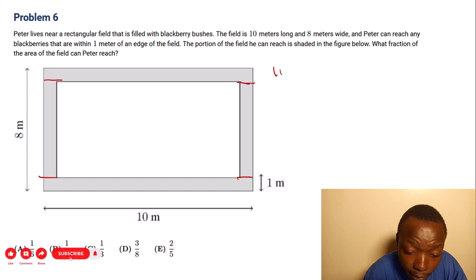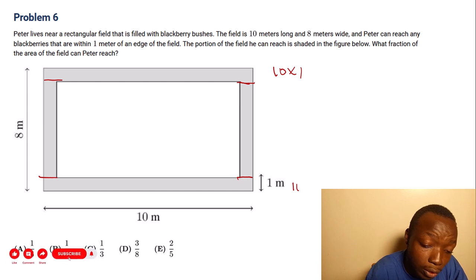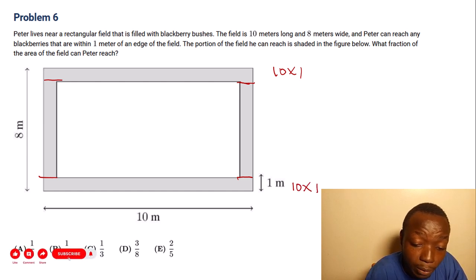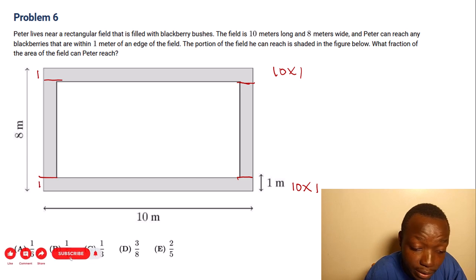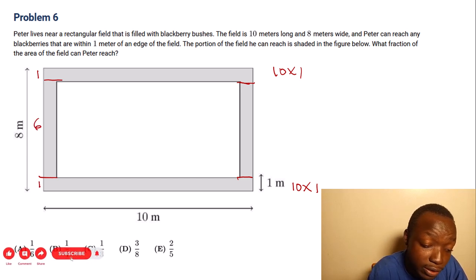All right. Same thing for the bottom one, 10 times 1. Now, for the smaller ones here, if you deduct 1 from 8 and another one from 8, you're going to have 6. So this middle part is 6. So for each of these rectangles, we're going to have 6 by 1 and 6 by 1.